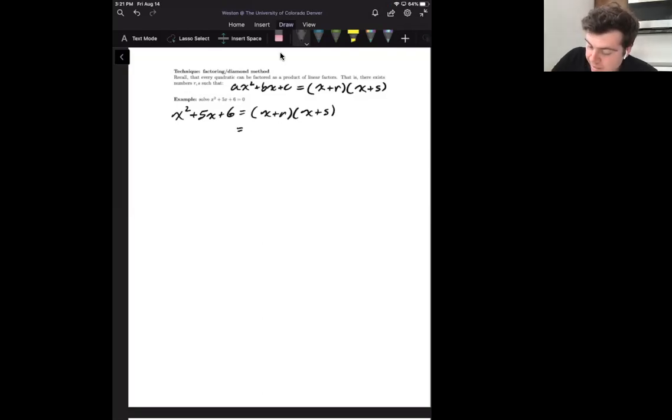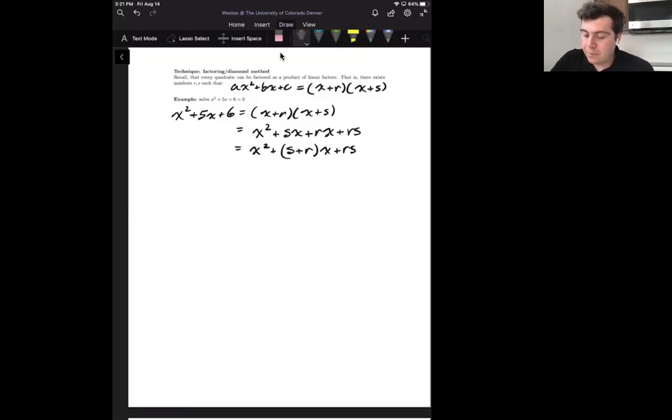When we multiply it out, we get x squared plus sx plus rx plus r times s, and that was just by FOILing. Then we group like terms, and that gives us x squared plus (s plus r) times x plus rs.